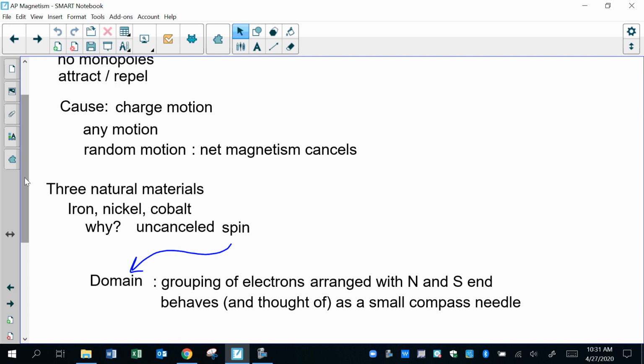And so I end up with the north on one side, and if my norths are all pointing to the right, by default, all my souths have to point to the left. And because of that, I always have a dipole, no monopoles. I can't separate the north from the south.